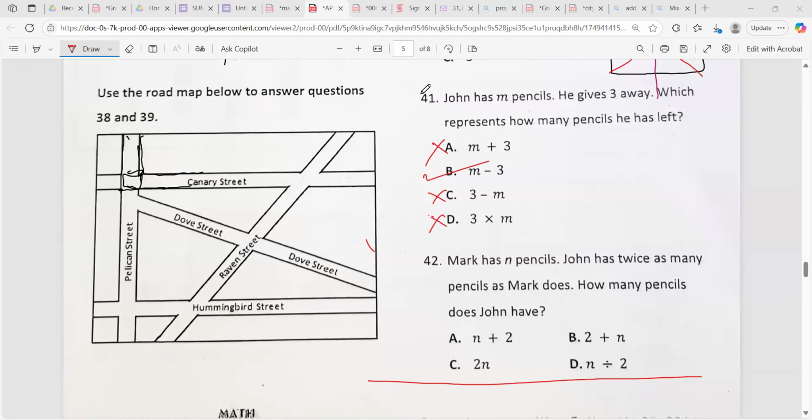So the obvious answer would be 2n, because when a variable and a number are beside each other, it means multiplication. If there was 3 beside the n, it would be 3 times n. So it would have to be C.